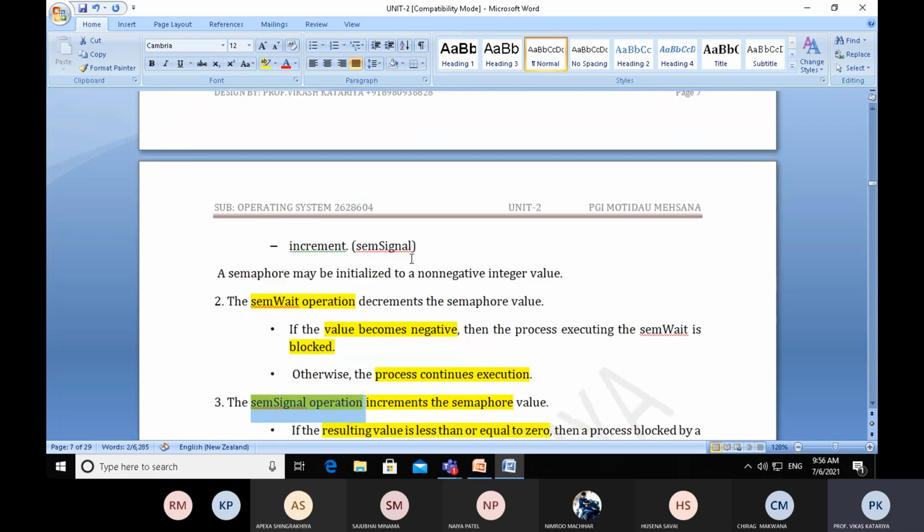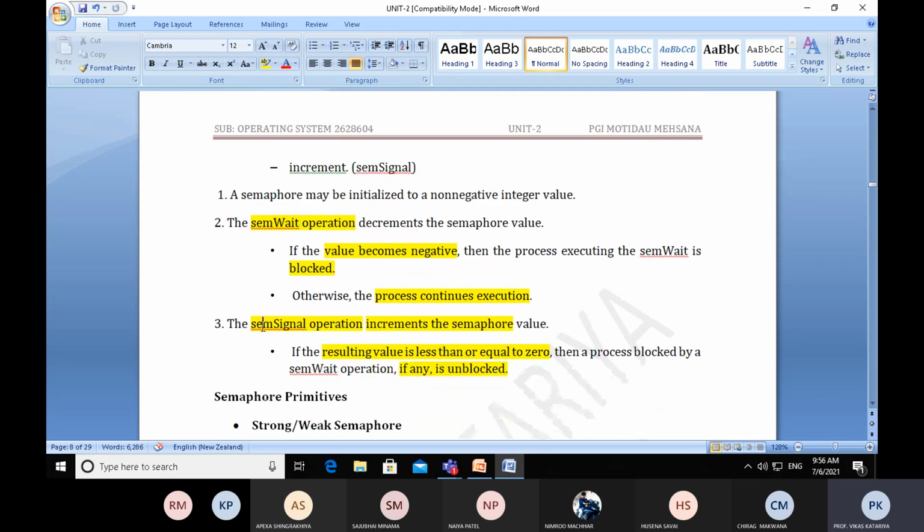So there are three functions you should remember. First is initialization, second is sem wait operation, and third is sem signal operation.